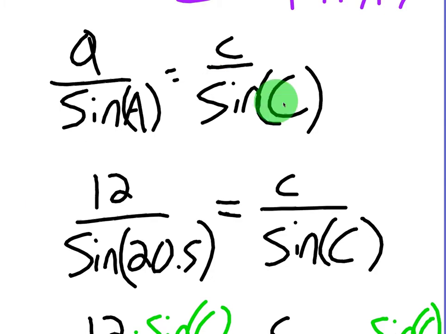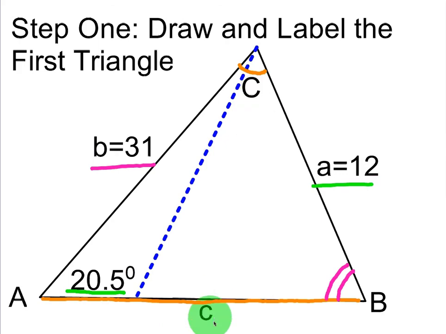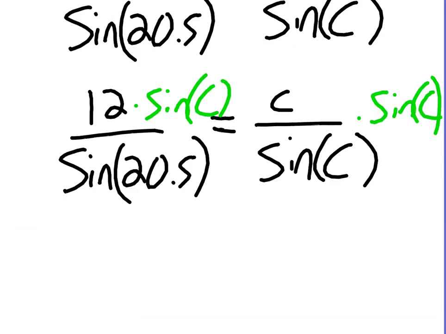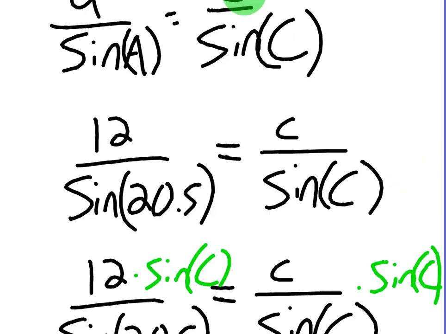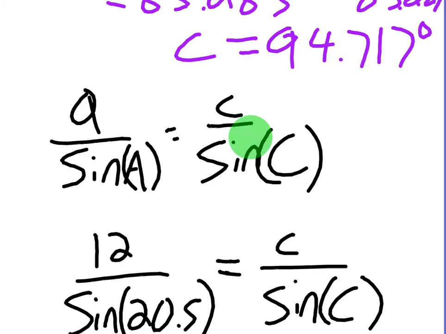So to solve for little c now, this side at the bottom of our triangle, we're going to use little a over sine of A equals little c over sine of big C. Going back to our work here, we know everything except for little c, right?